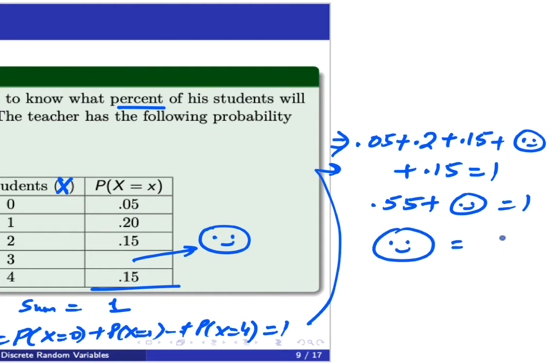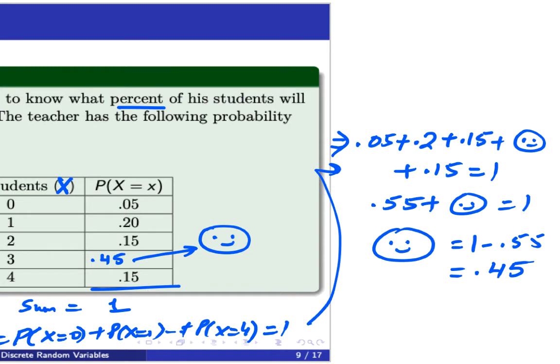Make fun, guys. Do something which will help you and enjoy this class. So what do we find? It's 0.45. So the percentage of 3 students able to break 2 boards is 0.45, because this total should equal 1.